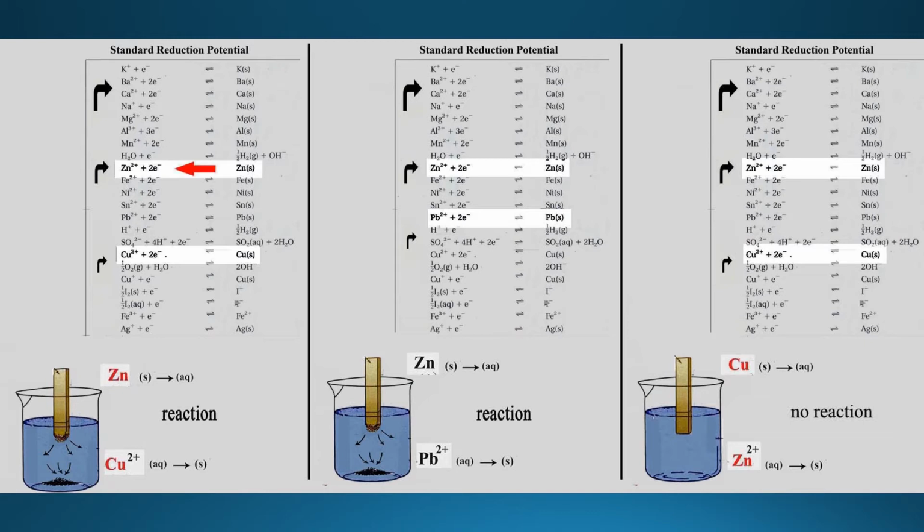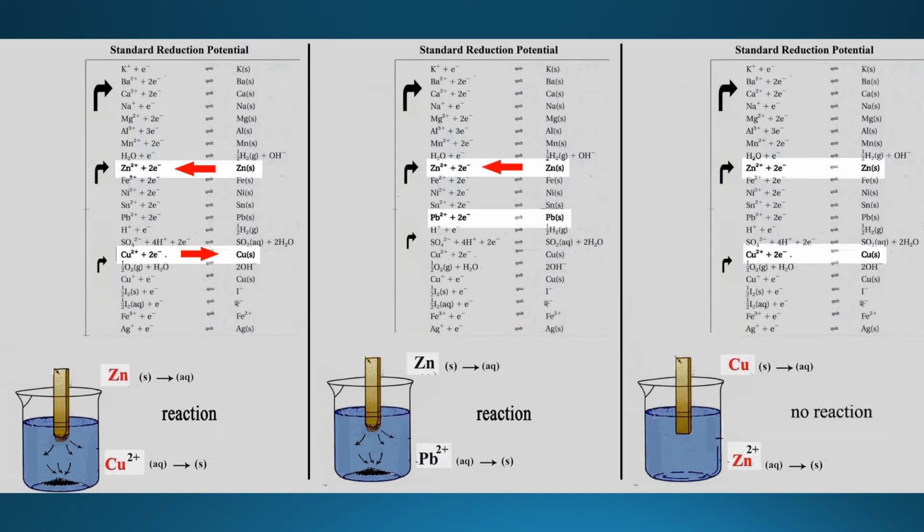Zinc, the first one, goes from solid to aqueous, so I put a reverse arrow. Copper goes from aqueous to solid.